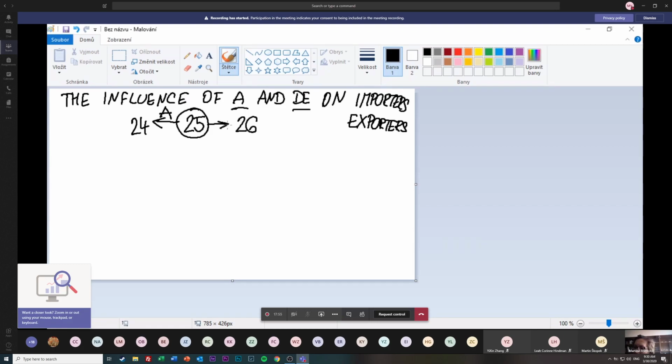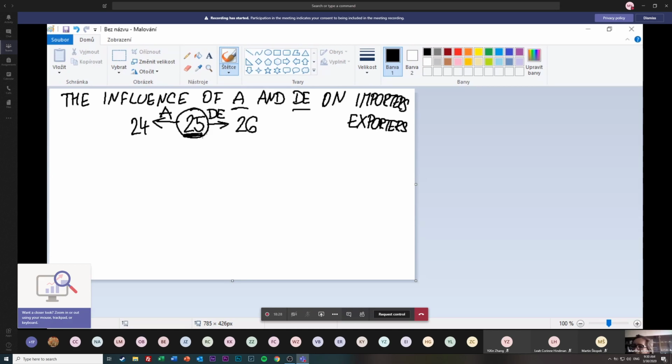If the exchange rate changes to 26 Czech crowns for 1 euro, it's depreciation. So once more, we have 3 nominal exchange rates. The basic situation will be 25, and there will be changes to 24 or to 26 Czech crowns for 1 euro. The first situation will be appreciation and the second situation depreciation.